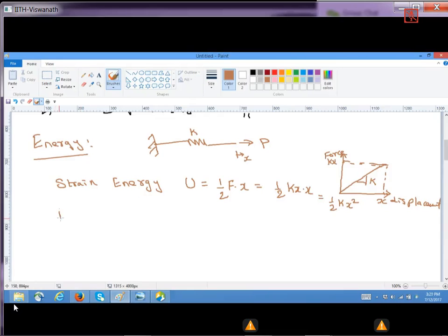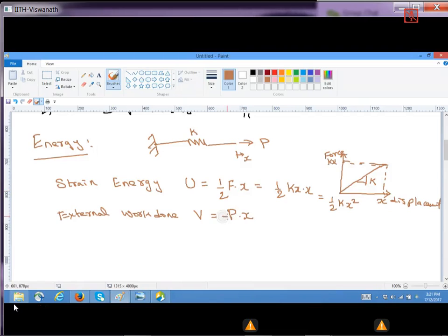Now you can write that the external force has done work on the system, so that is nothing but P times x. Since it is work done, it is minus.